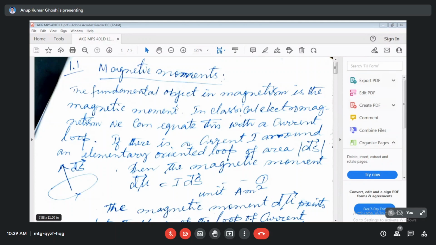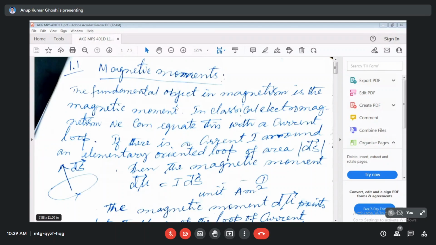In classical electromagnetism we know that we can get the magnetic moment with a current loop. If there is a closed current loop, then a magnetic sheet will be produced, and the magnetic moment of that sheet is perpendicular, or normal, to the plane of that sheet.